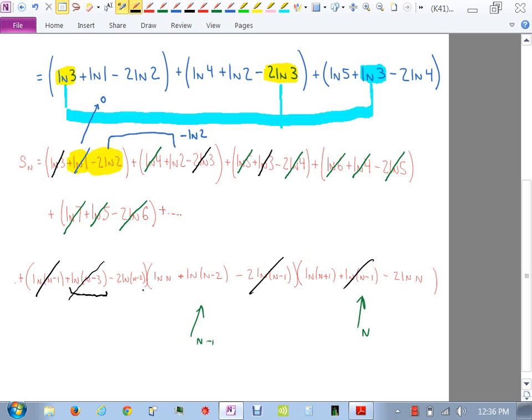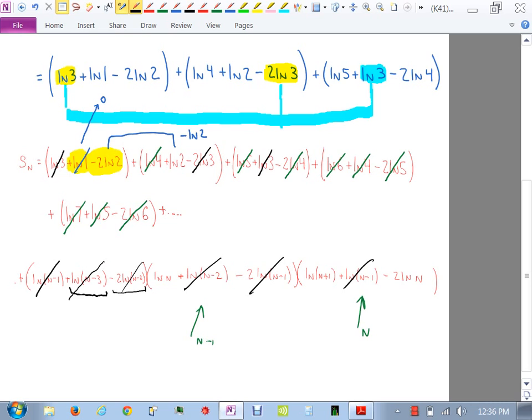Okay, how about last ones? Last ones need the one before it and the one after it. This one has the one before it and the one after it, doesn't it? So it's going to go away. Where's the one after? Right there, right? Now I have the natural log of n, which is a first guy. First guys need what?